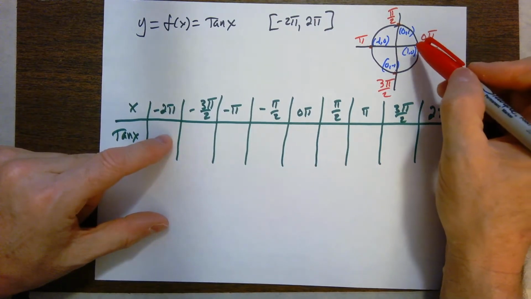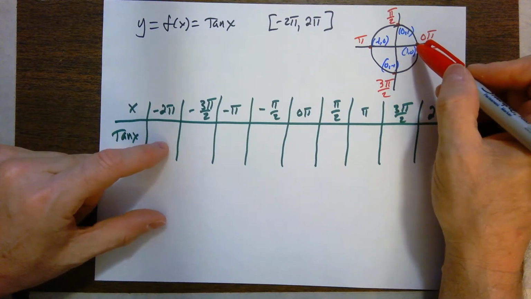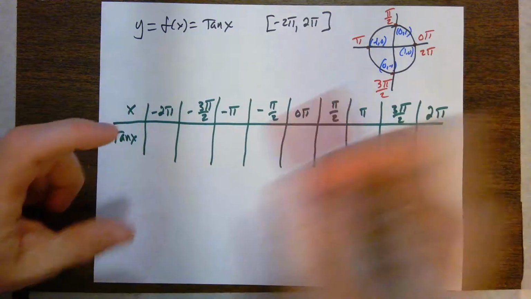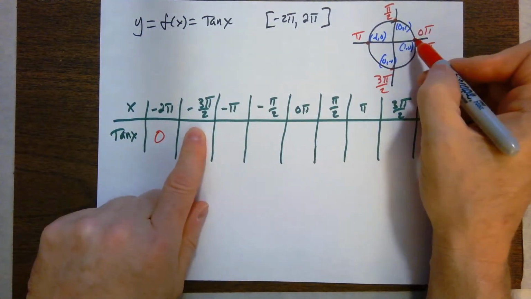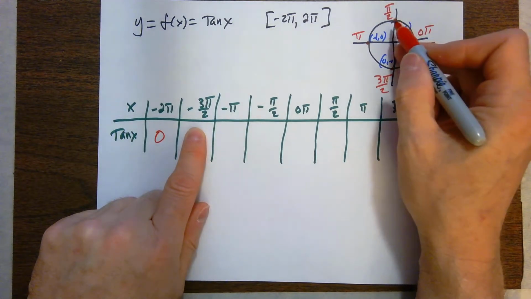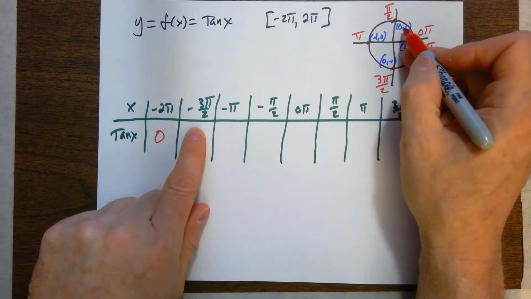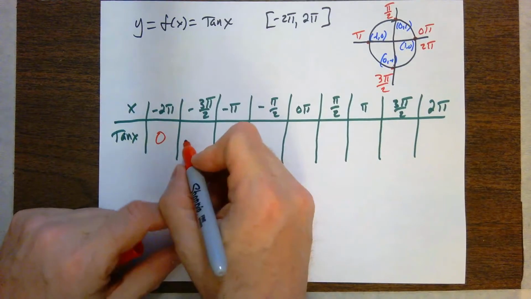It's going to be the y value over the x value, 0 over 1, which is 0. How about negative 3 pi over 2? Y value over the x value, 1 over 0. Wait a minute. 1 over 0 is a problem. 1 over 0 is undefined.